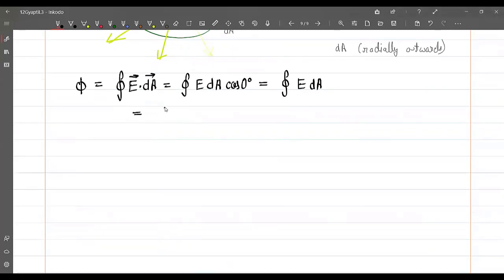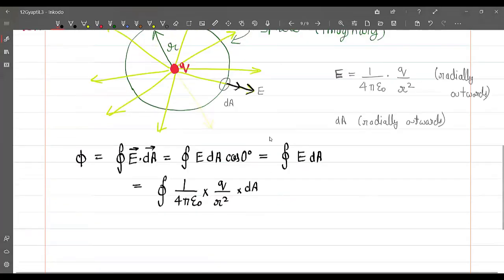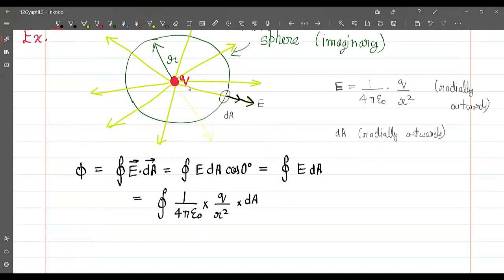The value of E is 1 by 4 pi epsilon naught into q by r square, into dA. I don't know the value of dA, it's a very small area. But q is a constant because charge was given, and r is a constant because it's a sphere; the radius cannot vary. And 1 by 4 pi epsilon naught is of course a constant. So I can write 1 by 4 pi epsilon naught into q by r square into the closed integration of dA.